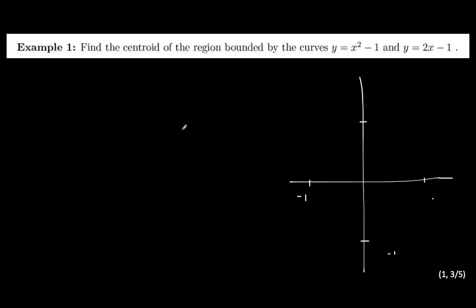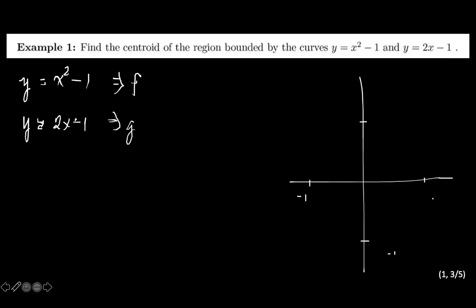Okay, and the functions that we are going to deal with are x squared minus 1, and let's say that this is y is equal to 2x minus 1. All right, and let's say this is our f, and let's say this is our g.